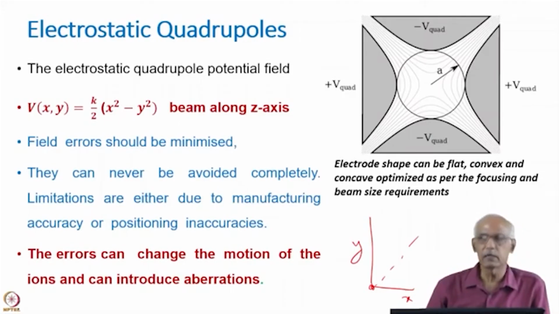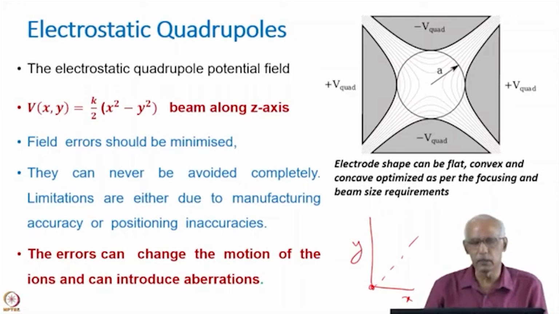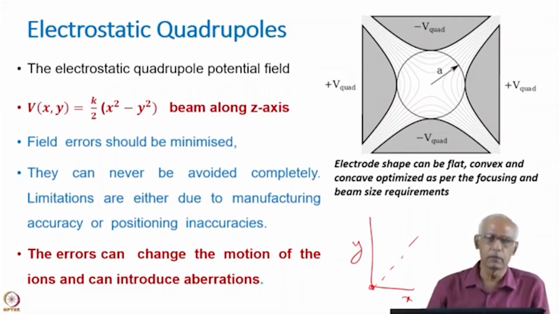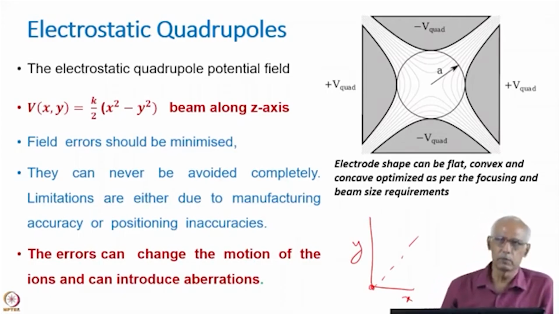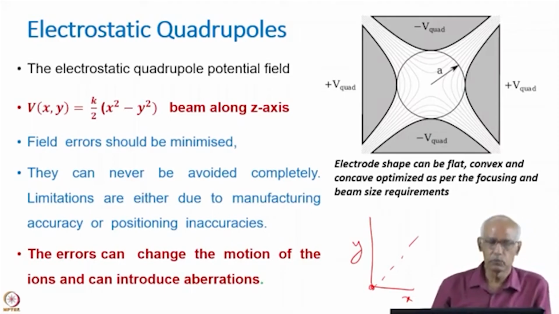The field errors, of course, have to be minimized, and they depend mainly on two factors. One is the manufacturing accuracy, and the other one is the positioning accuracy when you are aligning things.